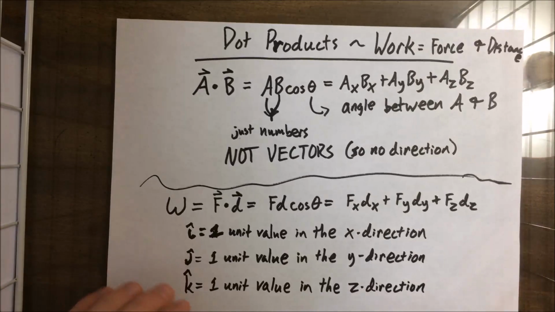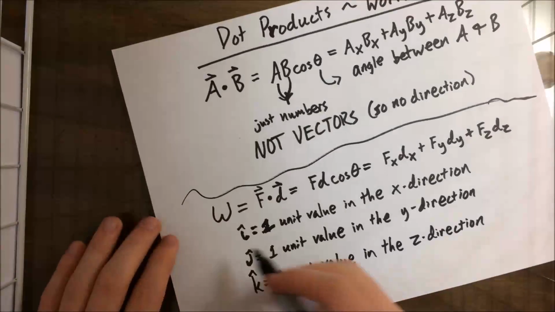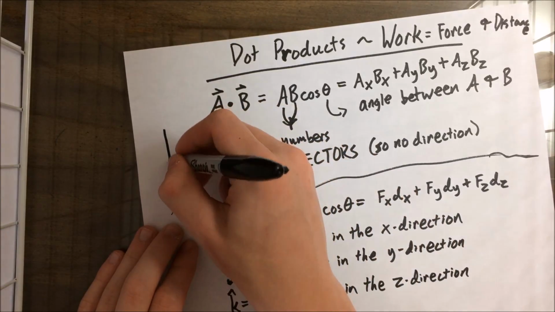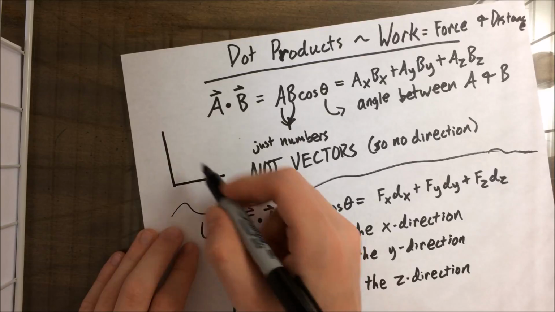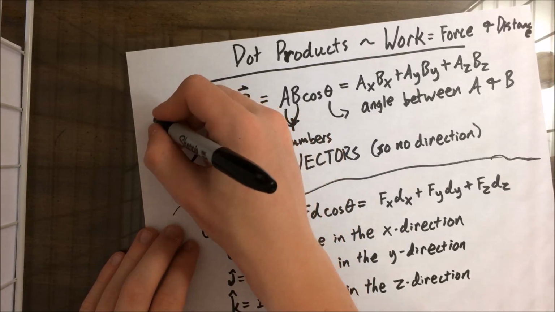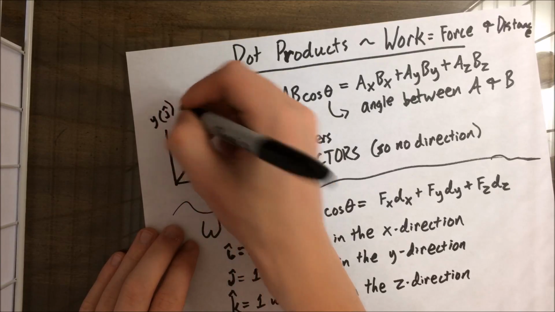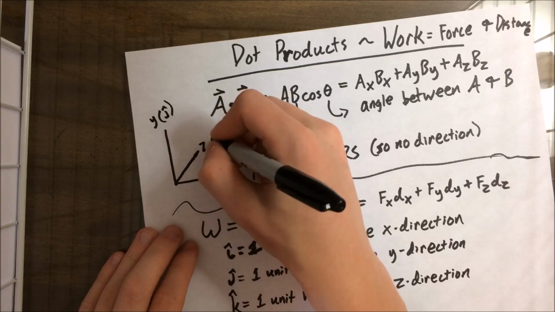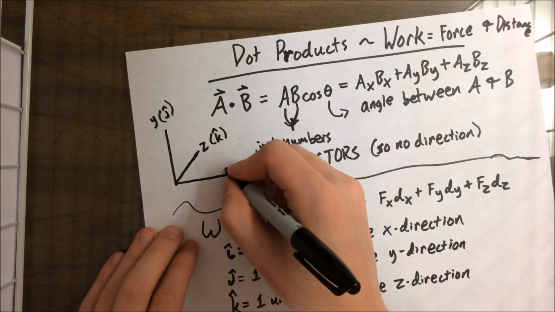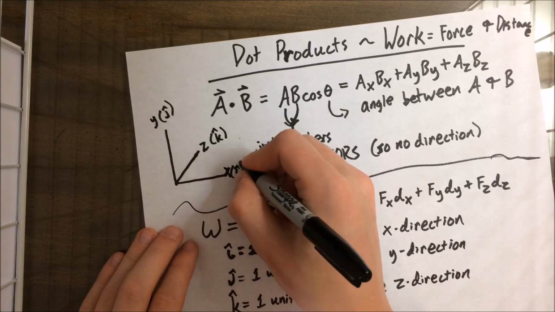So to help you understand, I'm going to do a little graph. So basically what we're talking about here is this. This is the coordinate plane. This is the y direction, or j hat. This is the z direction, or k hat. And this is the x direction, or I hat.